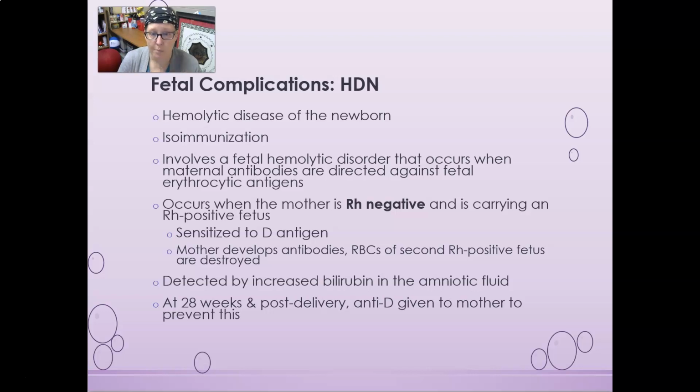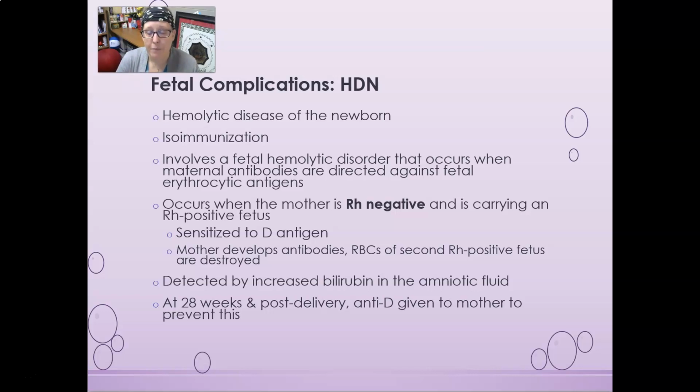So then the mom develops antibodies, and those antibody titers go up, and this is really more of a risk for the red cells of the second Rh positive baby. So there's usually not a problem with the first pregnancy, because that's when mom is sensitized.